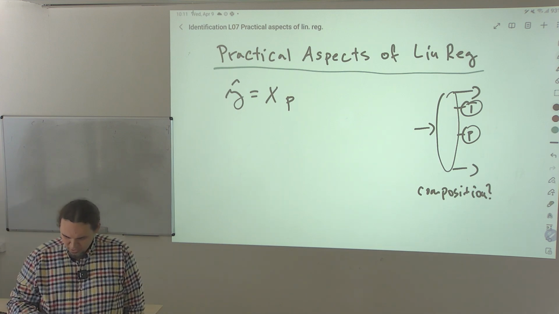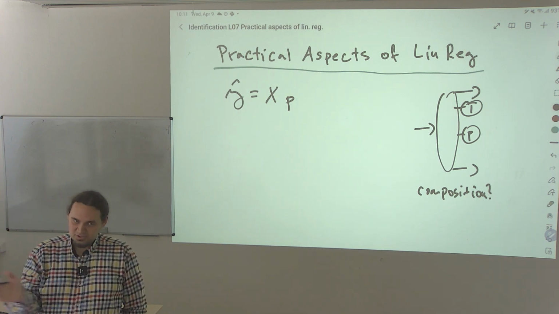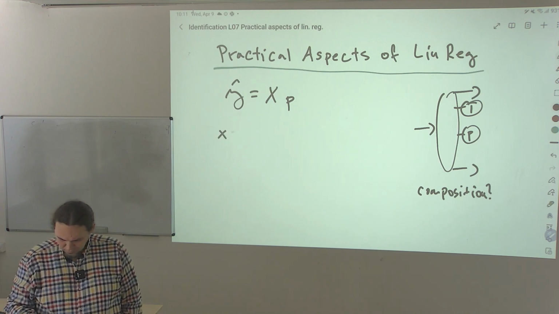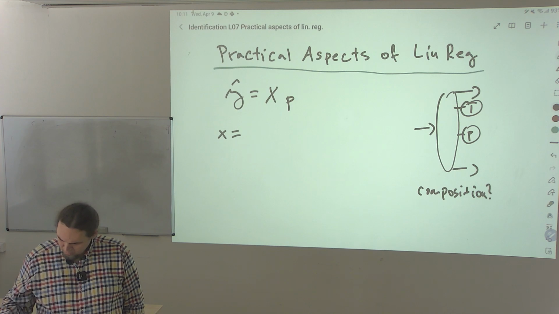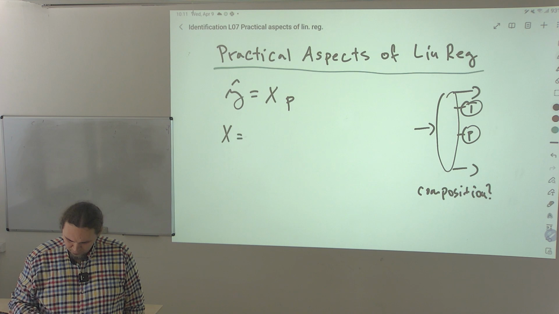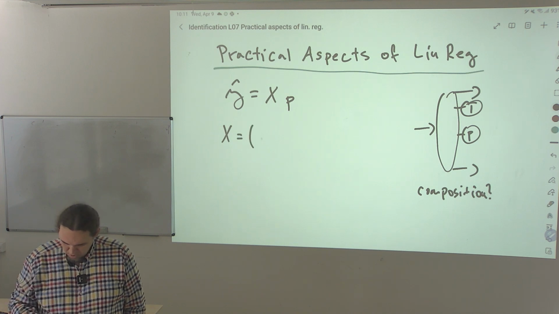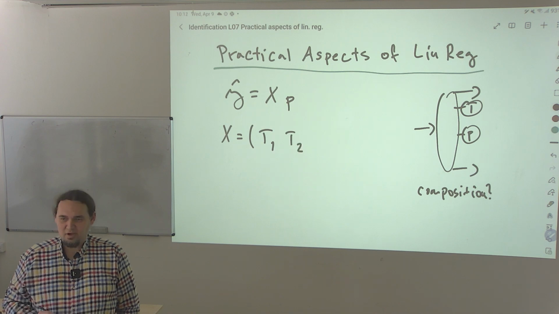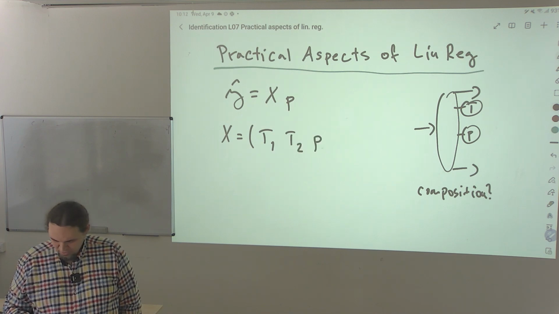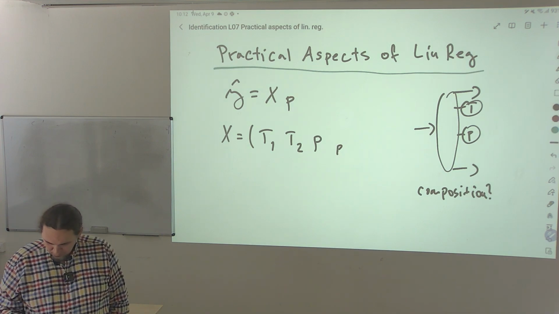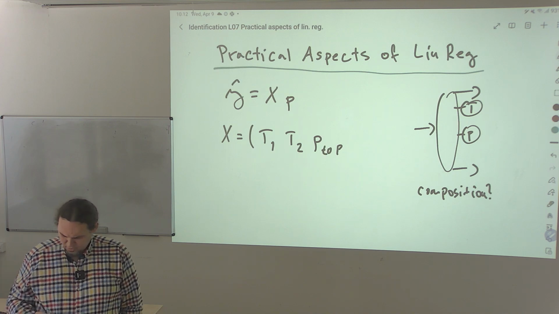This is already in the prediction form, but the columns of this matrix X can be temperature at the first tray, temperature at the second tray, pressure at the top, pressure at the bottom, and so on, and so forth.